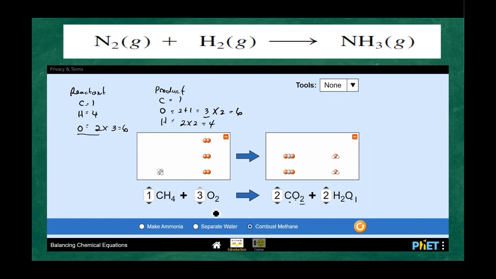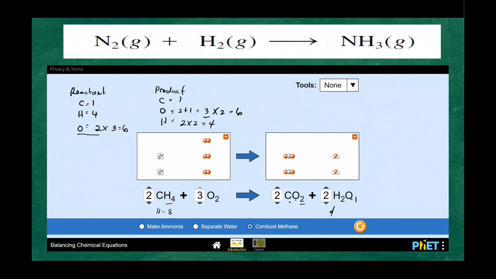Now our carbon is not equal. Therefore, we need to add another carbon here to make it equal to 2. So 2 times 1, that is 2. But our hydrogen atoms now is equal to 8. So our hydrogen now is 8. And here we have only 4. So you need to add another element.